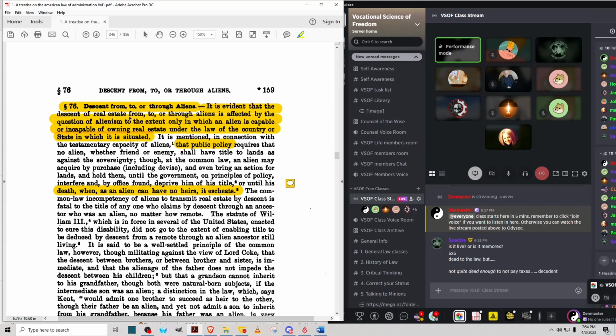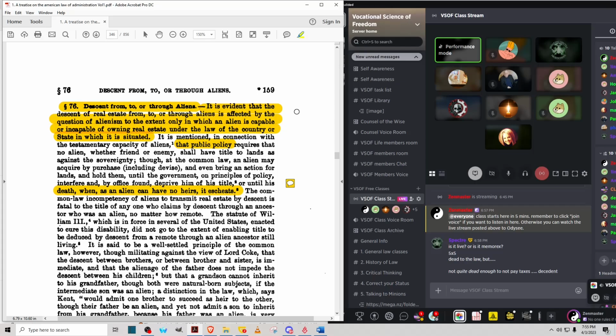Okay. So descent from, to, or through aliens. It is evident that the descent of real estate from, to, or through aliens is affected by the question of alienism to the extent only in which an alien is capable or incapable of owning real estate under the law of the country or state in which it is situated, meaning the land is situated.